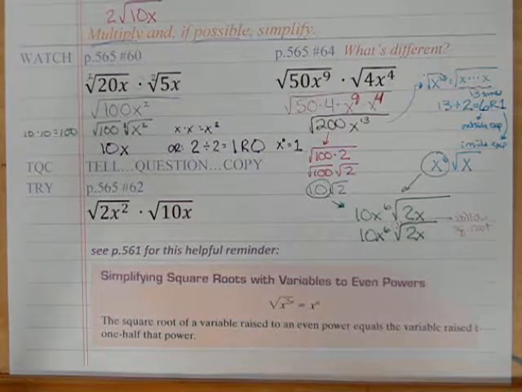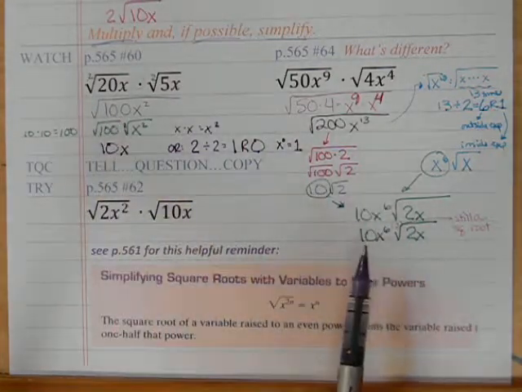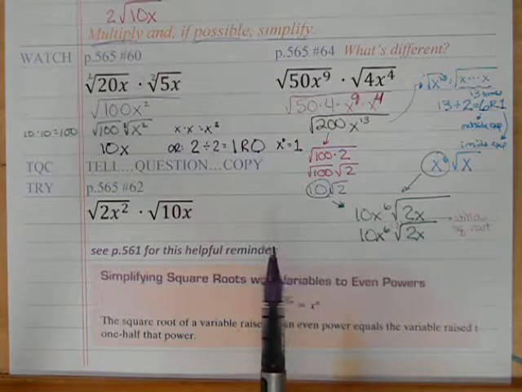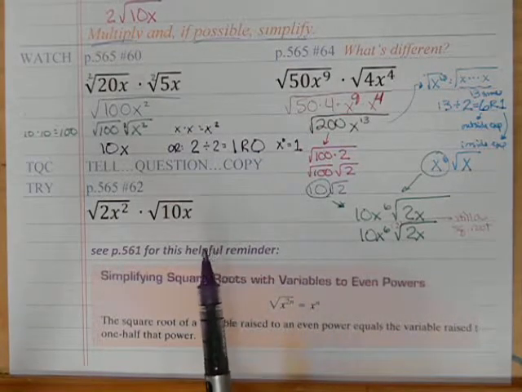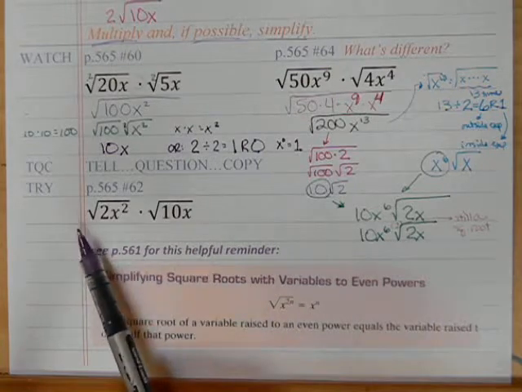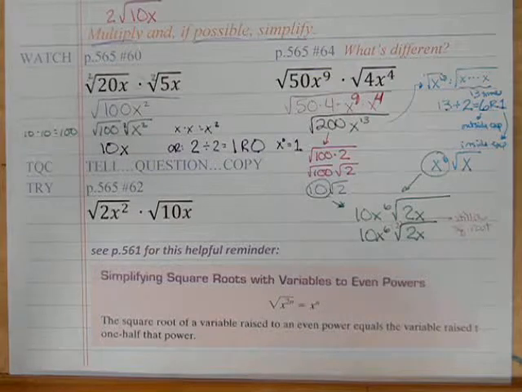So really find your rhythm here, and if you're unsure, I'd be happy to have that conversation with you to see if we can determine what's your best learning style. But anyway, get the notes down that you need that help this make sense to you. Note any questions, bring those to class, and then pause the video and try number 62, because when we come back, we'll have the answer to that one.